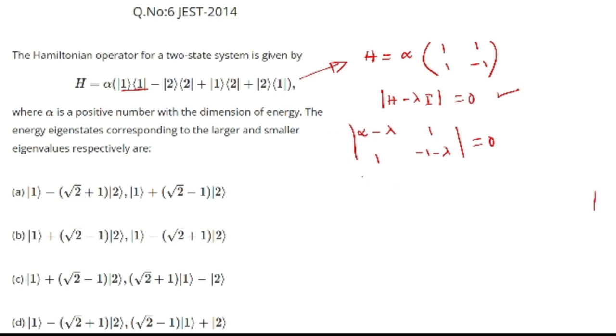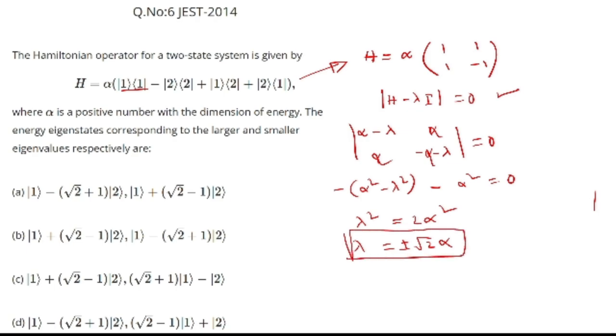Cross multiply: minus alpha squared minus lambda squared minus alpha squared is 0. If we open this, we get lambda squared is 2 alpha squared, so lambda will be plus minus root 2 alpha. These are the eigenvalues, plus root 2 alpha and minus root 2 alpha.